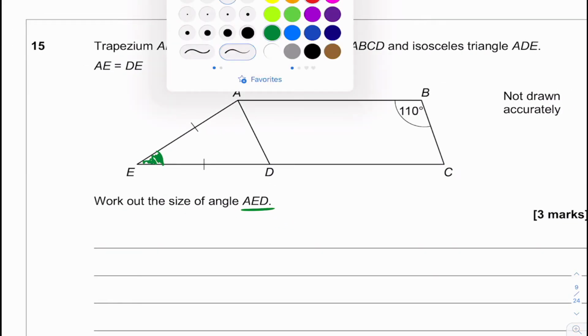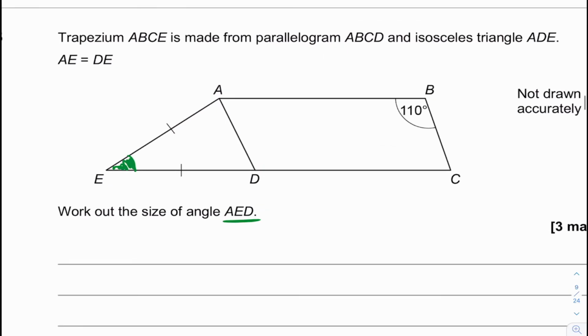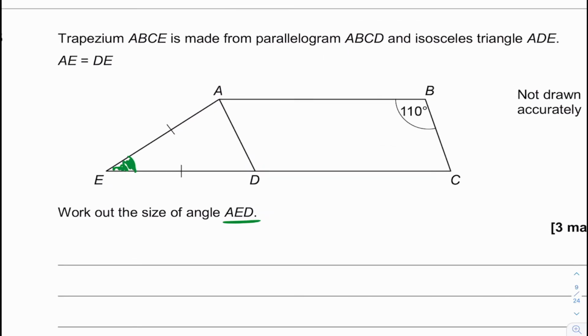So if we look at our diagram, the only piece of information that we've got on the diagram itself is 110 degrees. So this is a good indication that we need to use this value first. Remember, we've got a parallelogram, ABCD, and a rule for a parallelogram is that opposite angles are equal to each other. So 110 is equal to this angle here, and likewise this angle here is equal to this angle here.